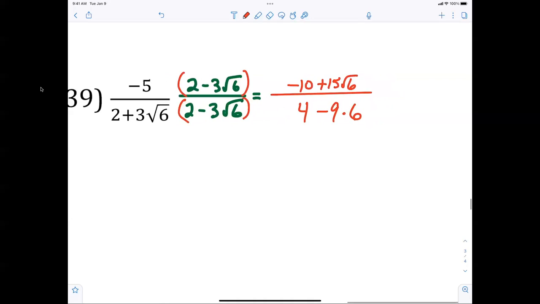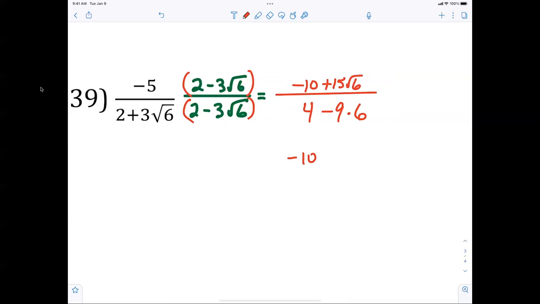Okay, so now we end up with negative 10 plus 15 radical 6 over what? Over negative 50. 4 minus 54, right? Yeah. So negative 50. So now what can happen?